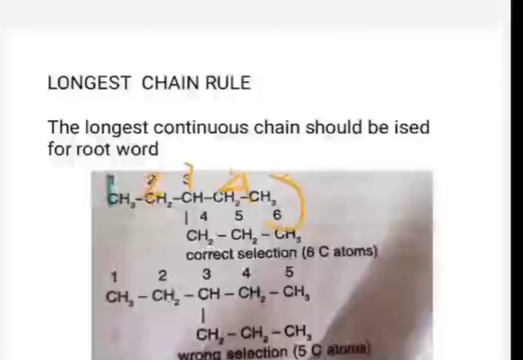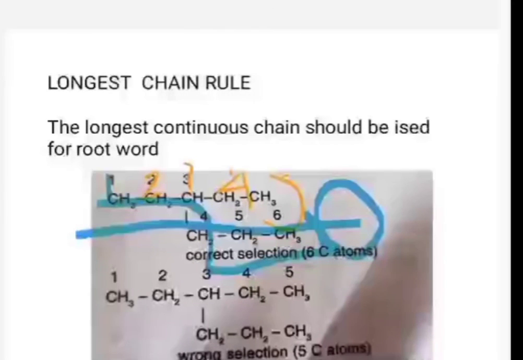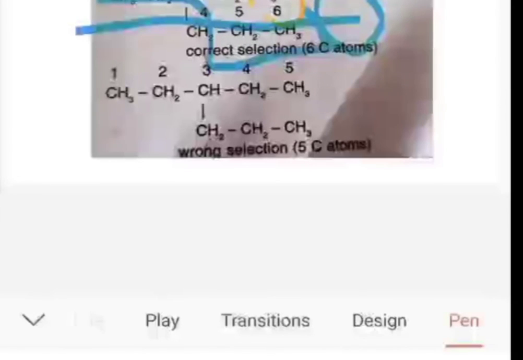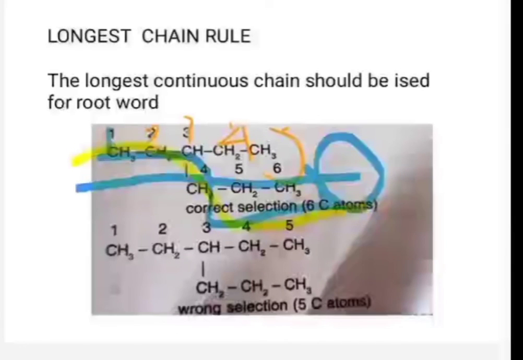We should give numbering to the longest continuous chain, which means that here this is longest continuous, because it has 1, 2, 3, 4, 5, 6 carbon atoms, but this one it has only 1, 2, 3, 4, 5 carbon atoms. So this one is correct. So numbering in this manner is correct, and numbering in this manner is wrong.